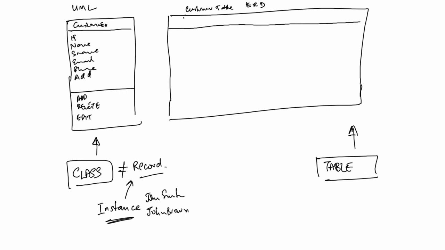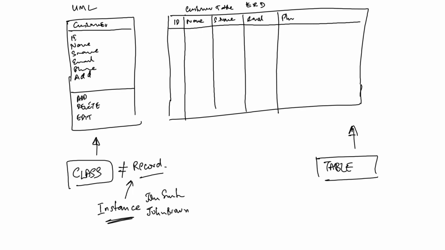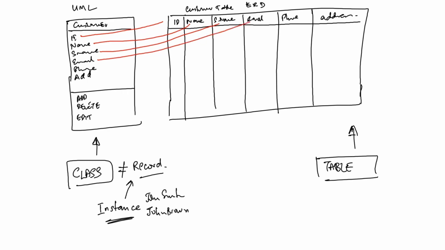What you would have would be ID, name, surname, email, phone, address. And so you can see your ID goes there, your name goes there, your surname goes there, email goes there, and so on.